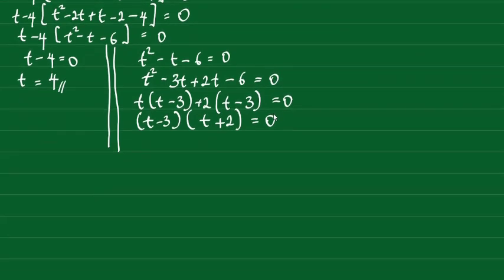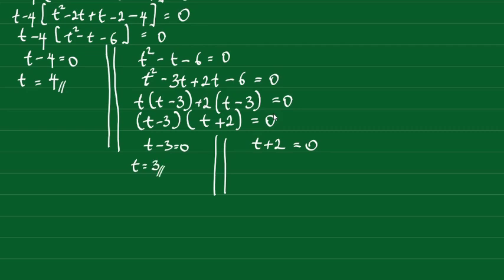Now we'll proceed further by equating t minus 3 equals 0. Here we have t plus 2 also equal to 0. t minus 3 equals 0, as we said earlier on. So we take minus 3 to the other side of the equal sign, and we end up having t equal to 3.